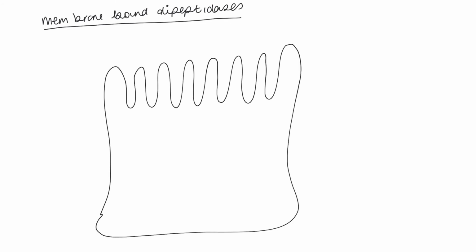So if we just imagine that this is a cell of the small intestine, this is the lumen of the gut, so all of our partially digested food is moving along here, and we've got our blood capillaries down here. So this is our basal membrane. This is our epithelial cell, and our epithelial cell has infoldings on the lumen side membrane. These infoldings increase the surface area for both absorption and for the attachment of enzymes, and these infoldings are called microvilli.